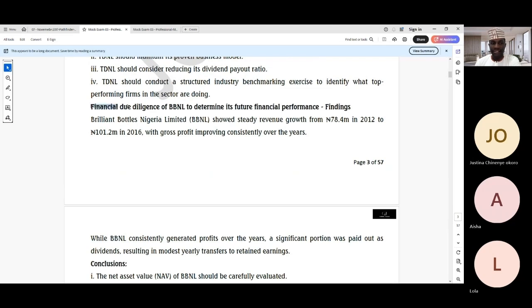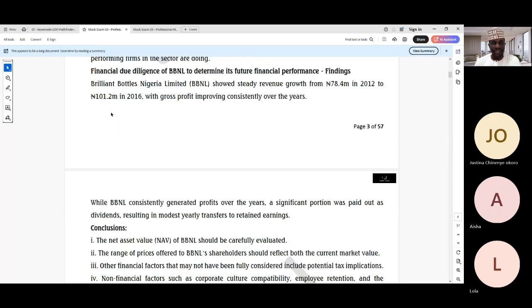And the header for executive summary number 2, requirement 2, is financial due diligence of BBNL. So in no circumstance do you use requirement 2 findings or financial data analysis findings as the header. Don't do that. So we speak to the findings of the requirement 2 we just spoke about, and we conclude and recommend.